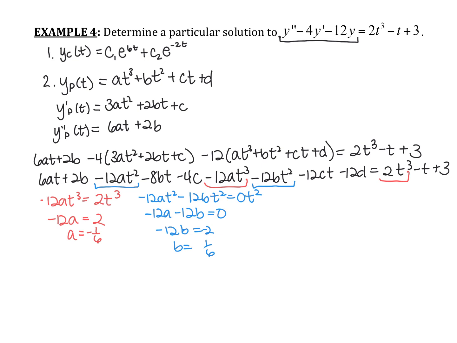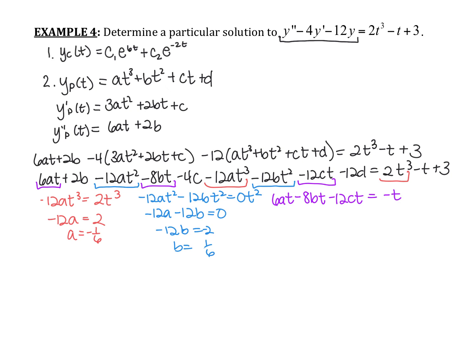All right, let's gather the next t we actually have. So 6at minus 8bt minus 12ct has to equal negative t, right?